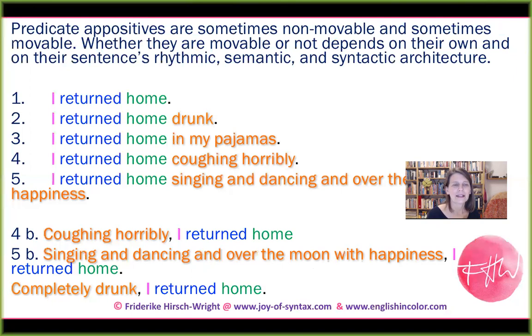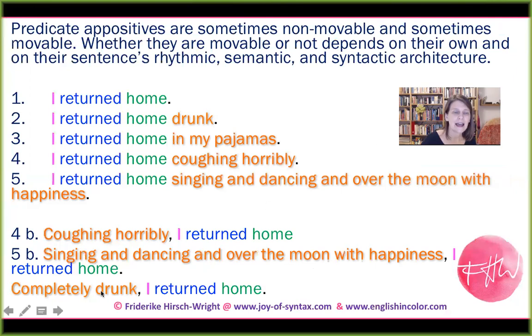Okay, so let me read these again, where I have front shifted the predicate appositives. Coughing horribly, I returned home. Singing and dancing and over the moon with happiness, I returned home. Now, if we add an adverb to the predicate appositive, then it becomes rhythmically more interesting, and then I can also front shift this.